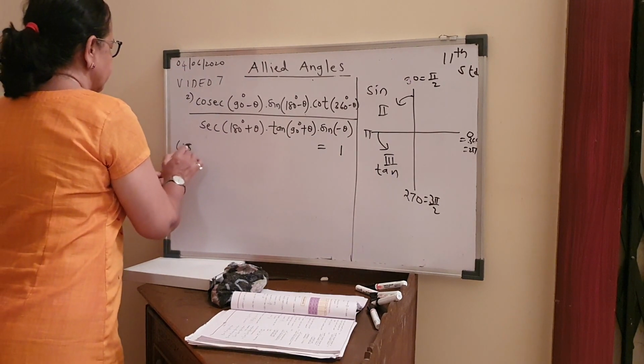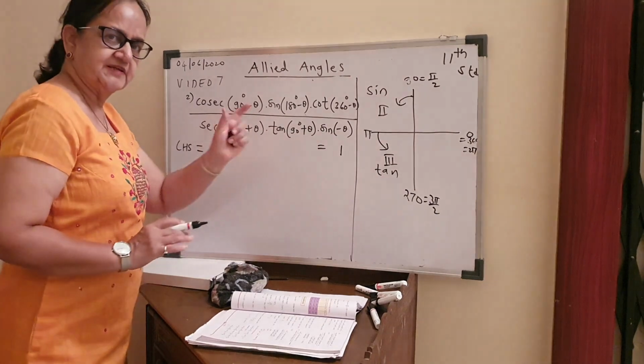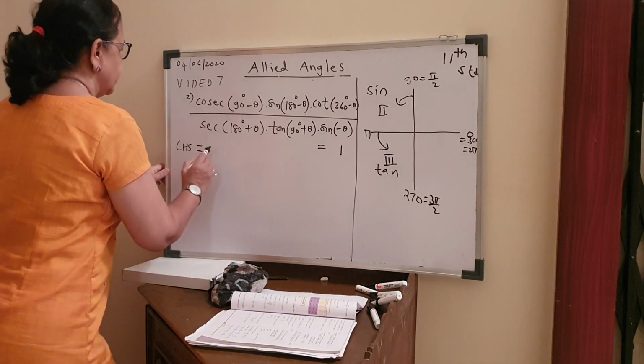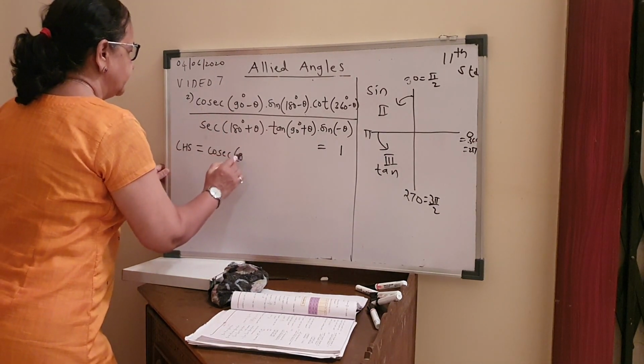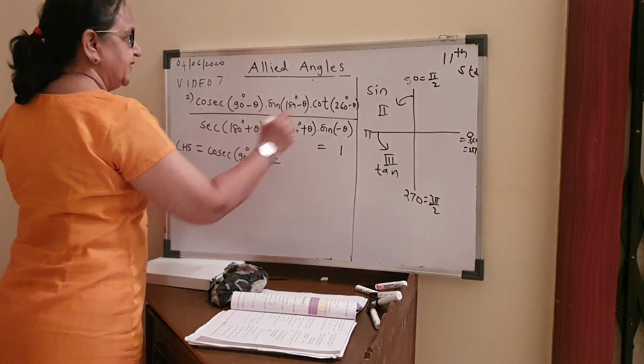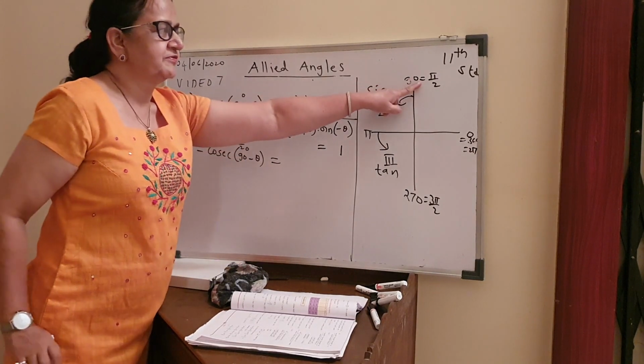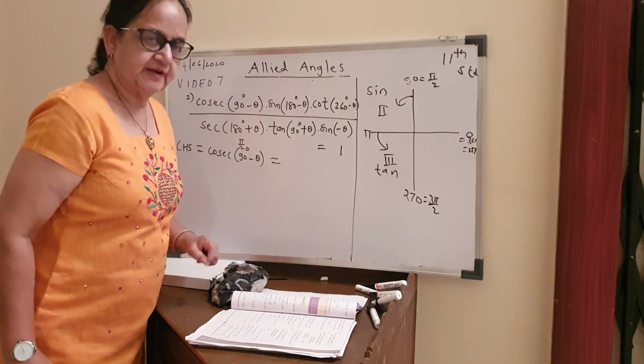Now LHS is equal to, I think first one value you calculate separately and then substitute. So we'll first consider cosec 90 minus theta. On top of 90 I will write pi by 2. Pi by 2, so group number 1. Work 2 steps for it.